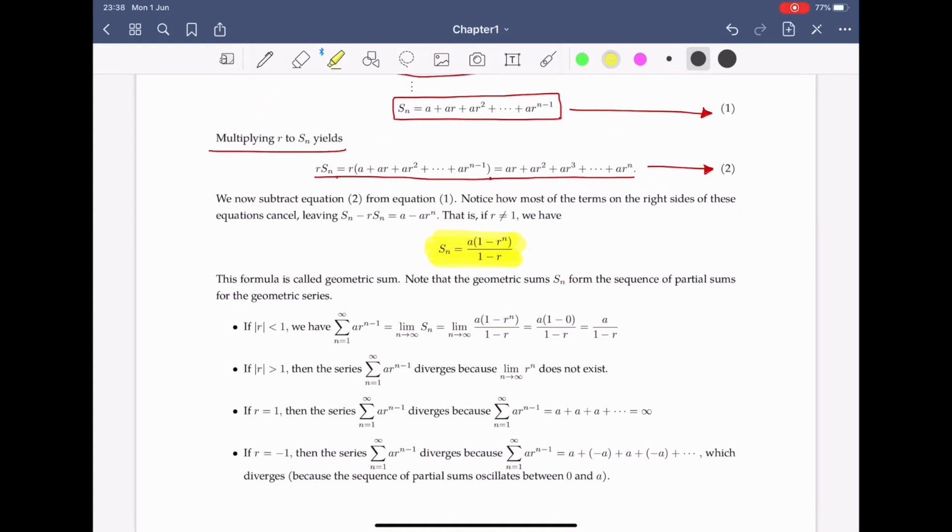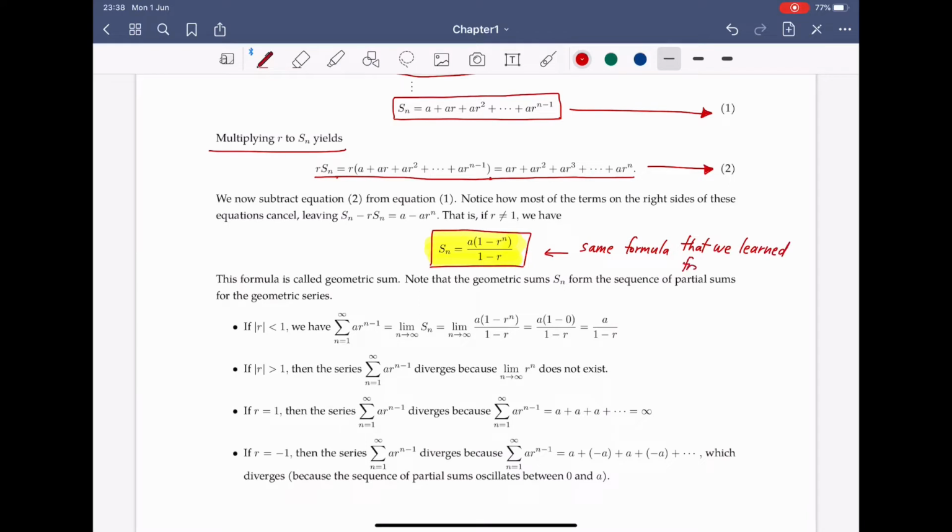So S_n is equal to a times 1 minus r to the n, over 1 minus r. This is the same formula that you learned in high school.